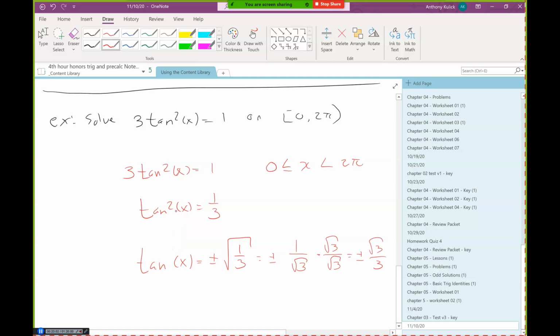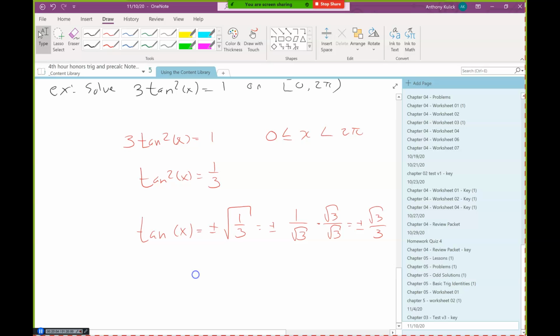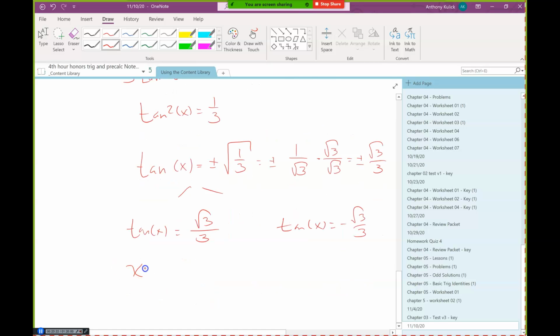That shouldn't have been there. So we should split that then, right? So we have tan x is equal to positive root 3 over 3, and tan x equals negative root 3 over 3. Okay with this so far?